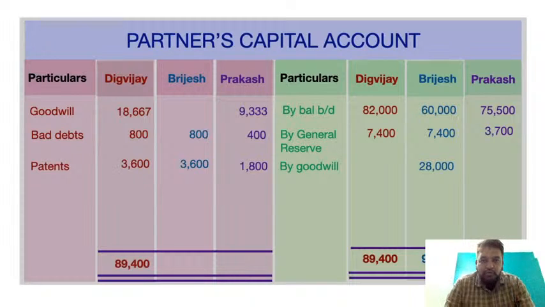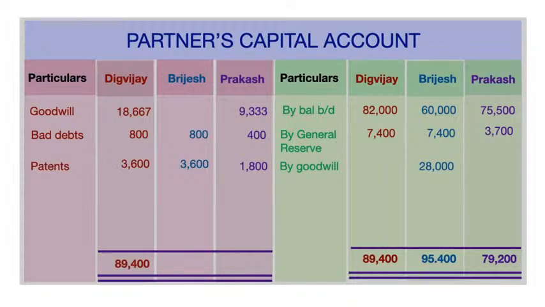After doing this, we'll come to a point where we'll understand. Okay, so the total is 89,400, 95,400, and 72,200. Now the balancing figure will be the new capital amount in each partner's capital account.